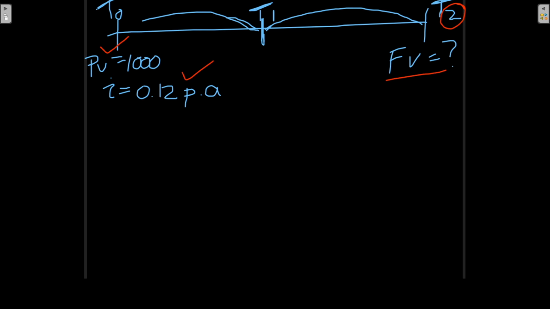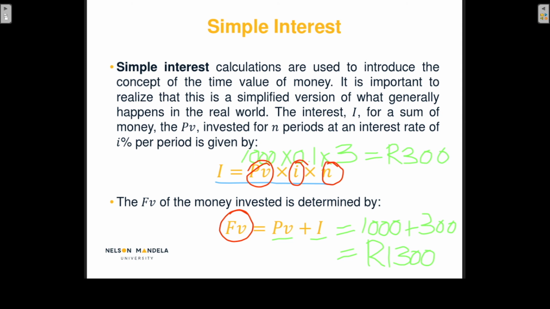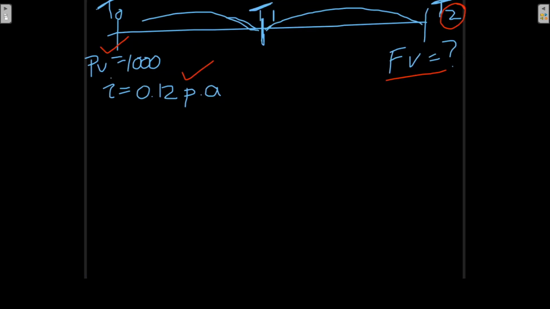Now if we go back to our formula here, we know that the future value is equal to the present value plus the interest.